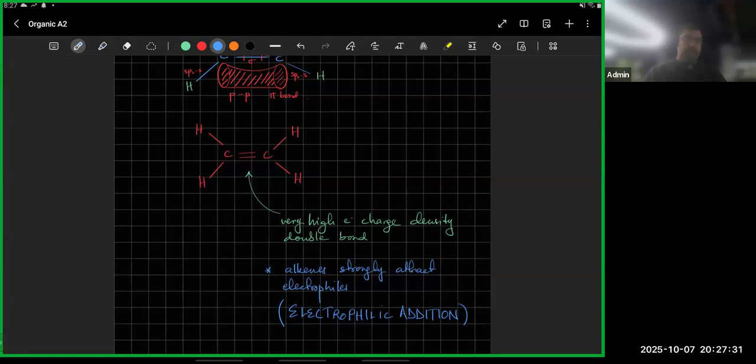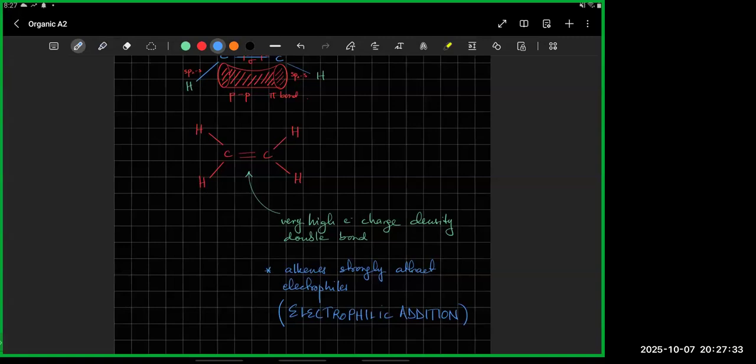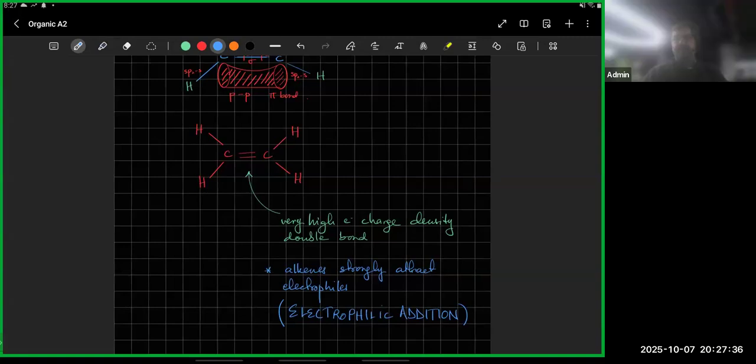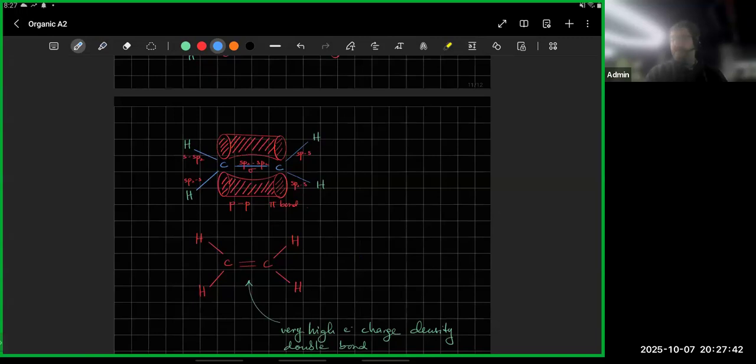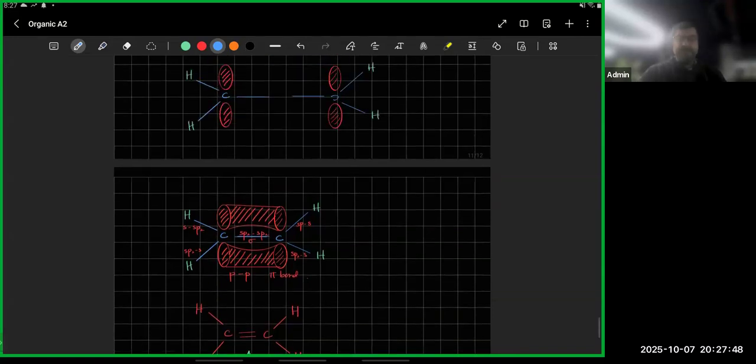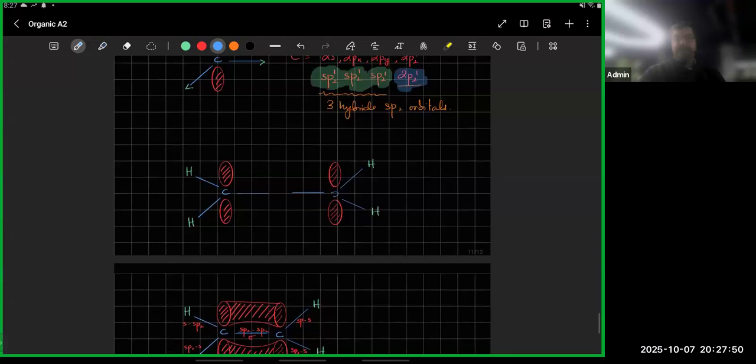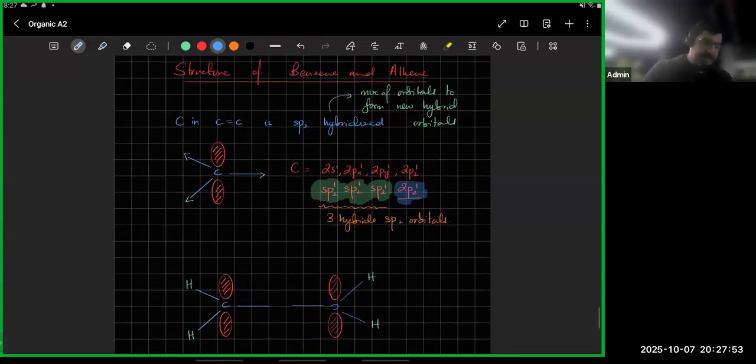Clear. Yes. So, I said now we're going to study about benzene. Now this is alkenes. Make sure this is what an alkene looks like. This is what the double bond looks like. In the double bond, the electrons are really, really packed, which is why it's got very high charge density, which is why it attracts electrophiles, right? It's two p orbitals overlapping. And let me write this shape as well.